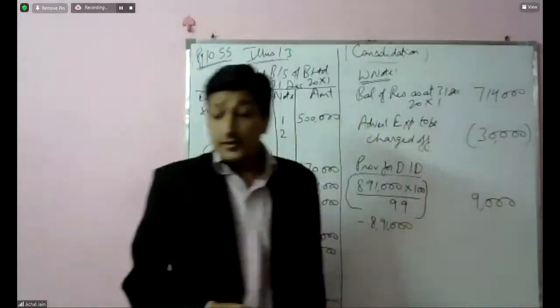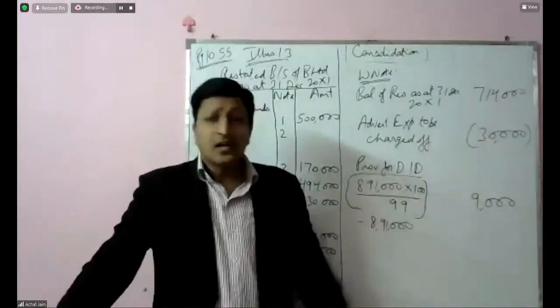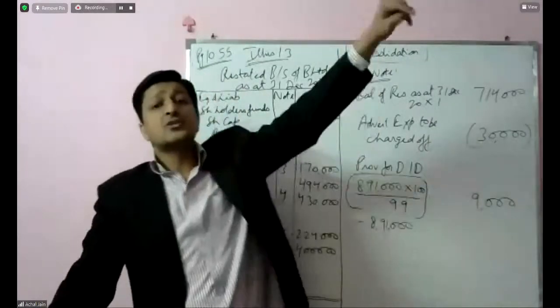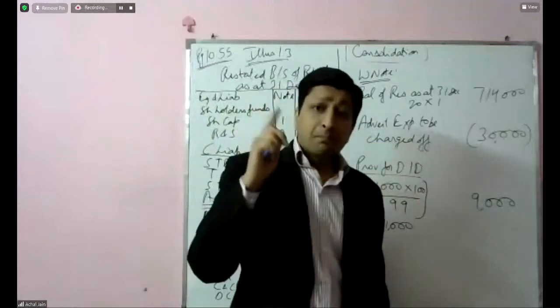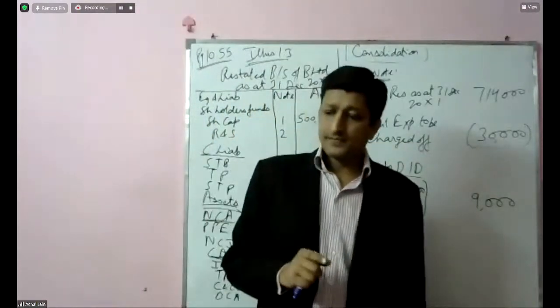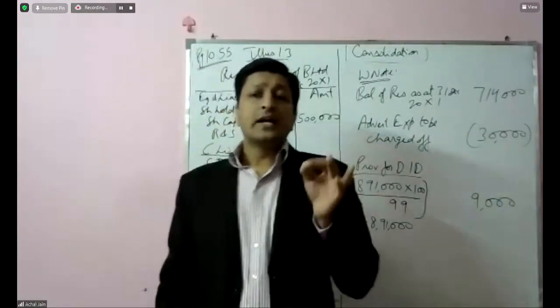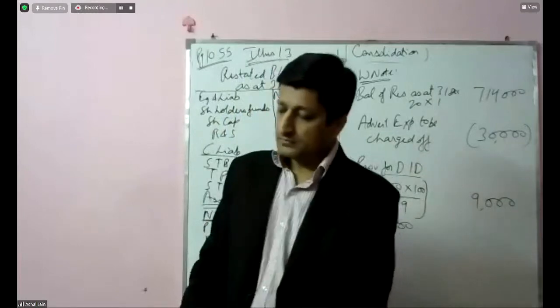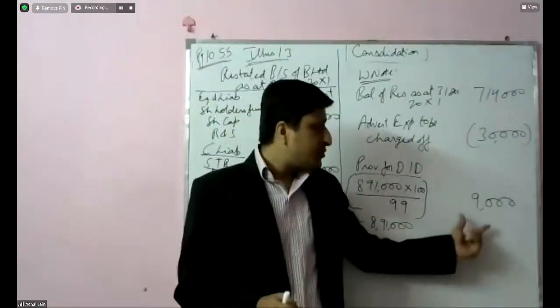Now, the question arises: this 9,000 has been charged off to the P&L. The basis for creating a provision for doubtful debts has to be the one wherein the debts become doubtful. The moment debt becomes doubtful, provision should be created.